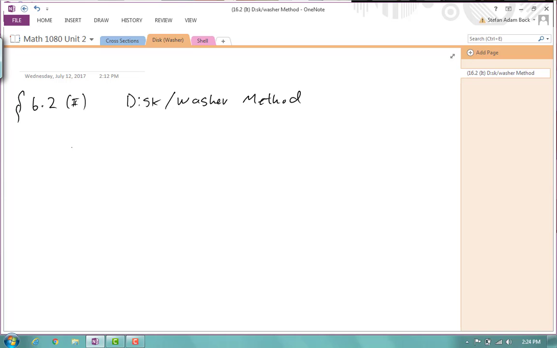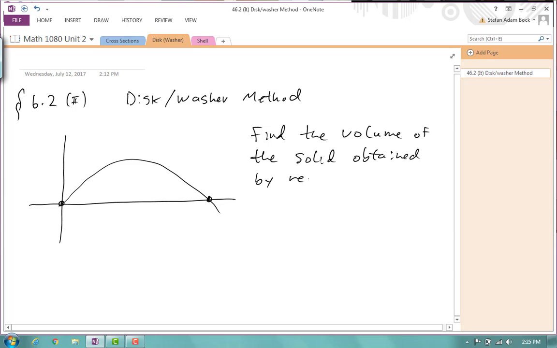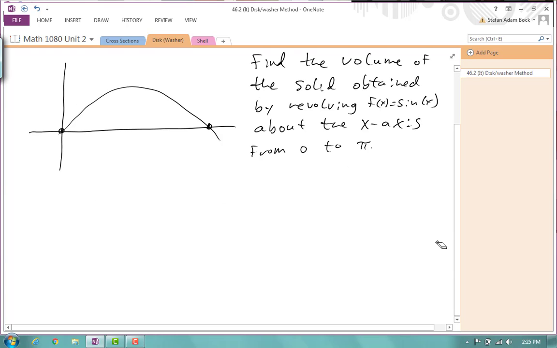So for example, let's consider sine of x, and we'll revolve it around the x-axis. So I'm looking at sine of x from 0 to pi, and I want to revolve this around the x-axis.